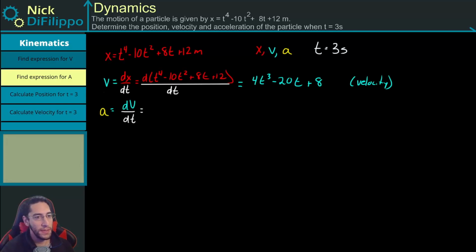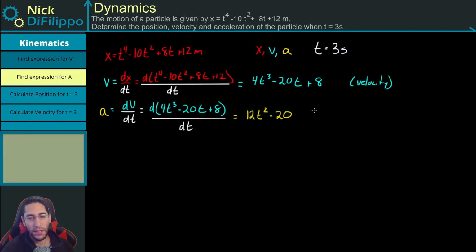This is going to be equal to the derivative of the expression we just found for velocity, so it's the derivative of 4t cubed minus 20t plus 8 with respect to t, and this is equal to our acceleration: 12t squared minus 20. And this is our acceleration.